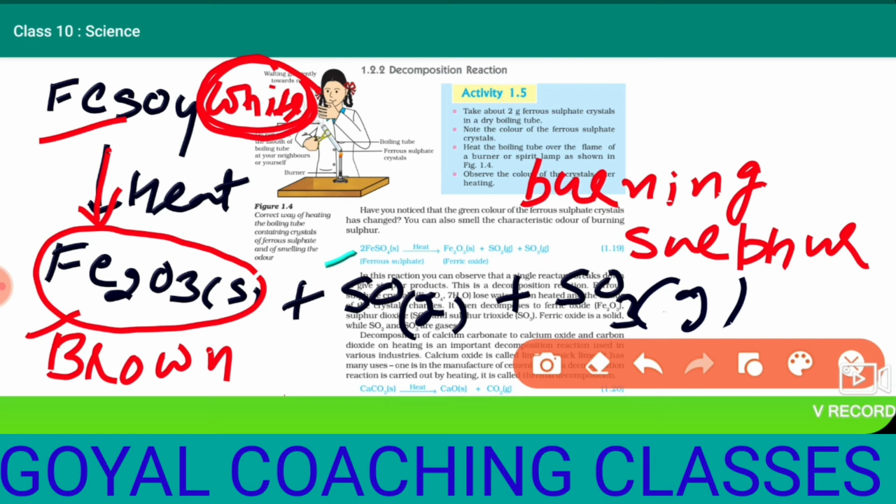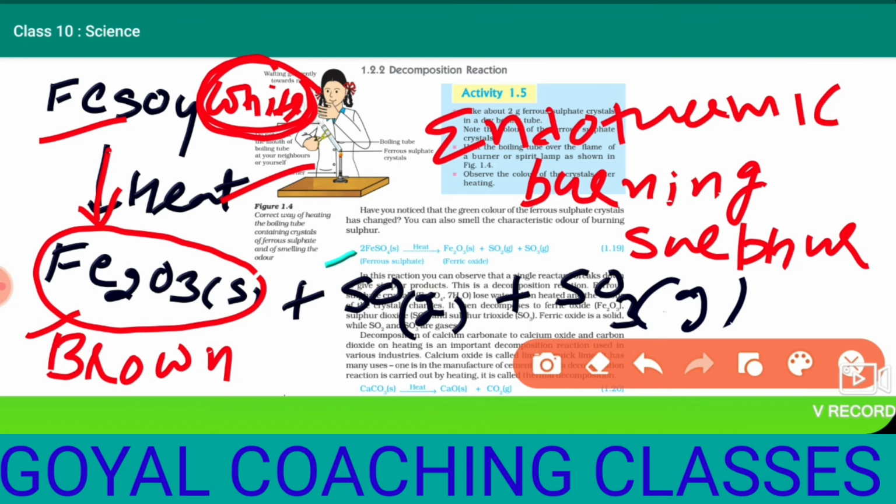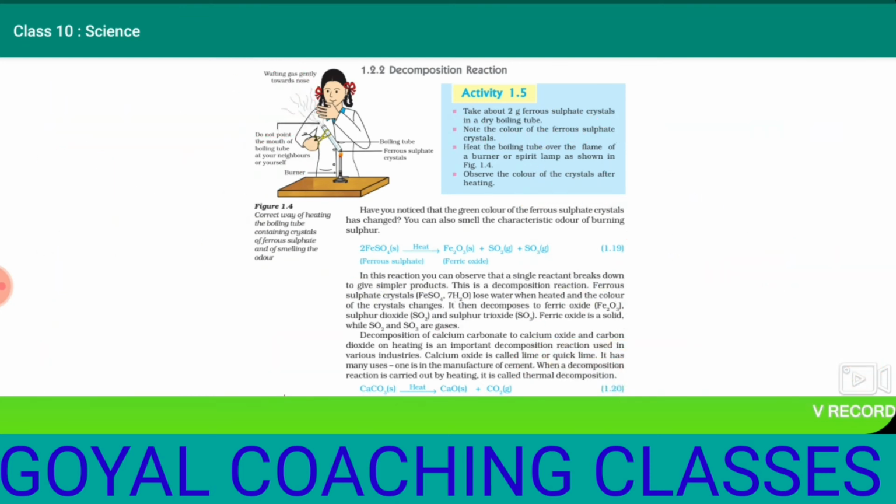And just remember, the smell of burning sulfur is like the smell you get when we burn a tire. The same is the smell of burning sulfur. I hope this is clear to you. And this is our endothermic reaction. Why endothermic? Because we are providing heat, we are supplying heat over there. Is that clear?